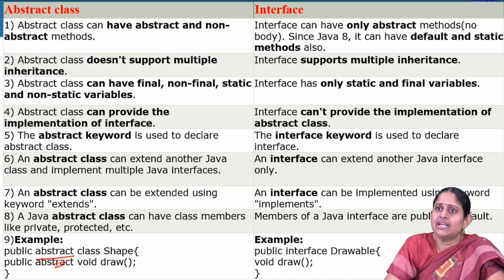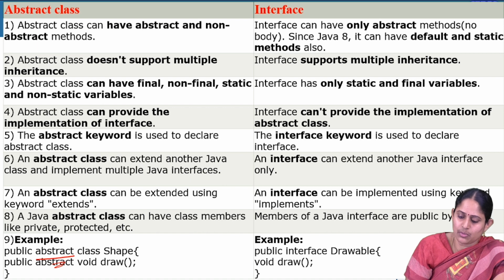They cannot provide the implementation of an abstract class. The keyword used to declare any interface is interface. The interface can extend another Java interface, and to implement the interface, we make use of the keyword implements. The members of Java interfaces are always public.